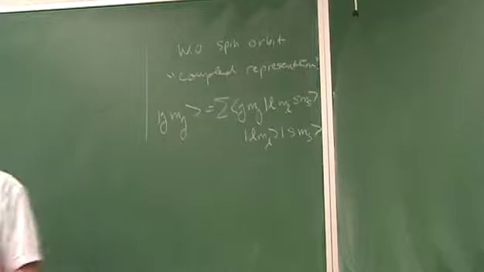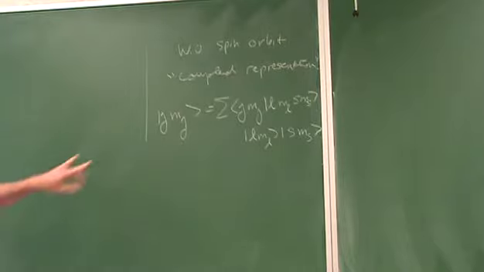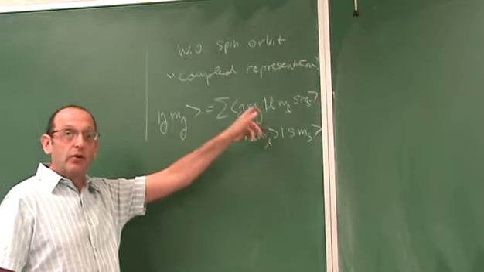And the Clebsch-Gordan coefficients tell us how to add angular momentum, and they satisfy a set of selection rules, right?